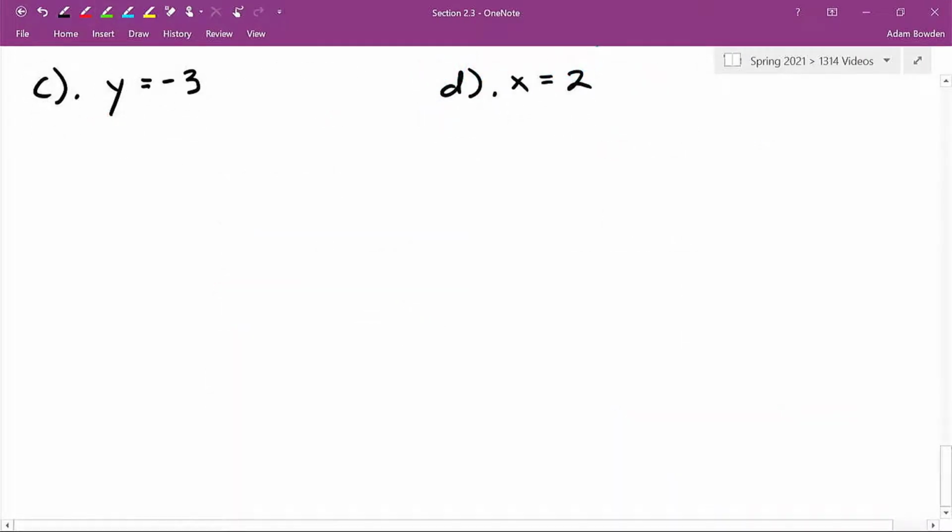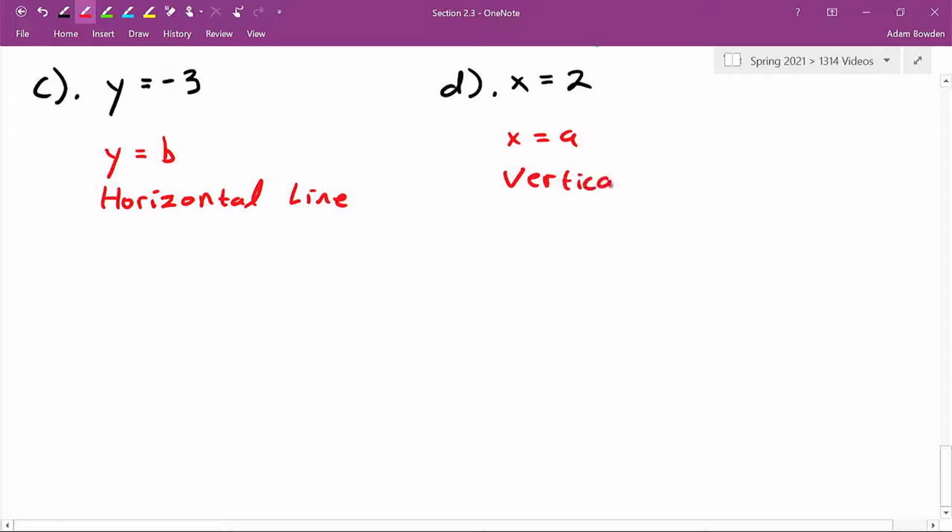Now these next two equations are not very big, but they have something in common. One is just y equals a number, and the other is just x equals a number. All we have to know is that if we have an equation where y equals a number like b, then that's the equation of a horizontal line. And if it's x equal to a number, then that's the equation of a vertical line.